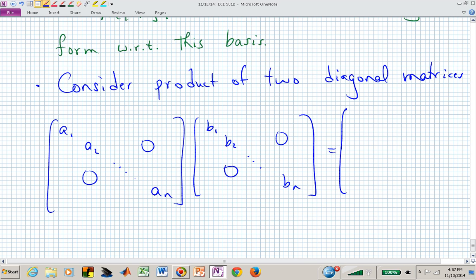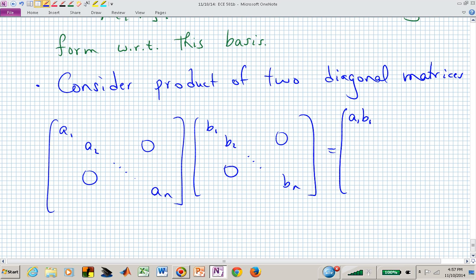We have B1 scaling the first column, isn't it? And the first column is only A1. So our first column in the product is simply going to be the first column, A1, scaled by B1, but there was nothing below A1.